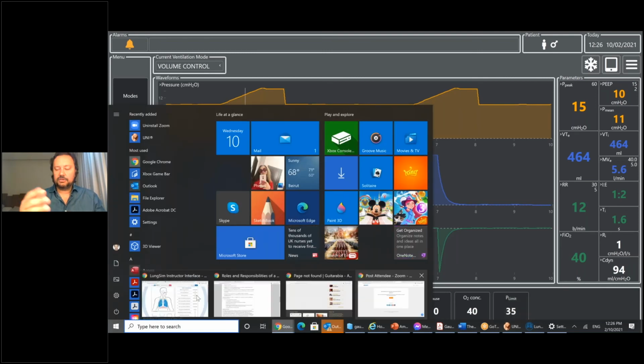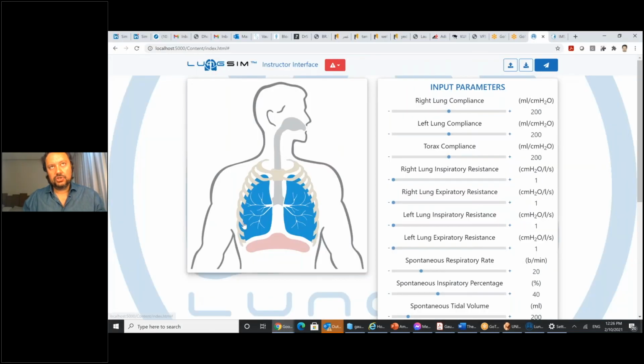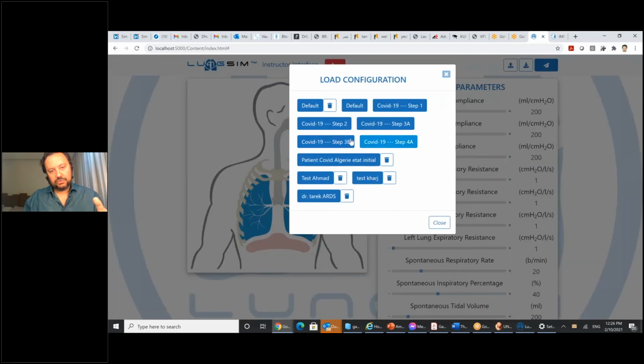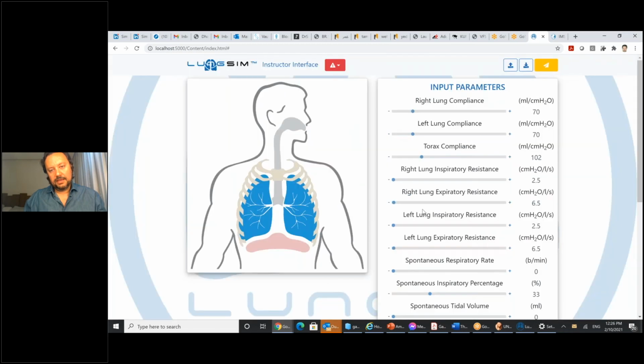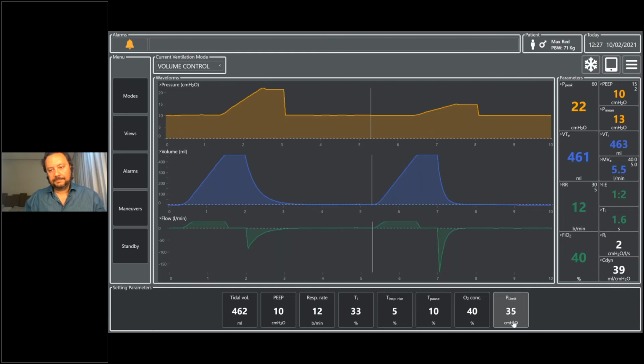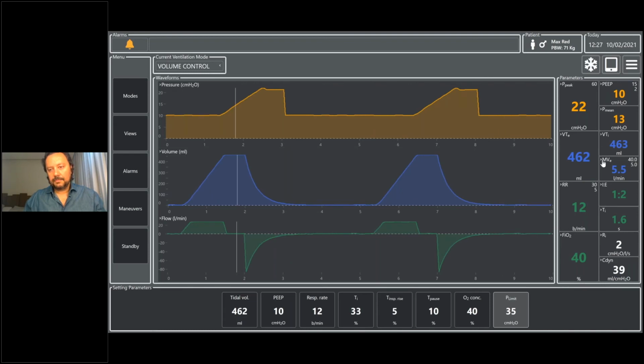Okay, so I will do one scenario for you. This was like a real patient, a standard patient for a surgery or any procedure. Now I will have a patient with COVID. Let's say I will go straight to the complicated case where I have decrease in compliance, increase in resistance, and I will click here. So now after I click, see we have changes already, and we will have the ventilator parameters changing.